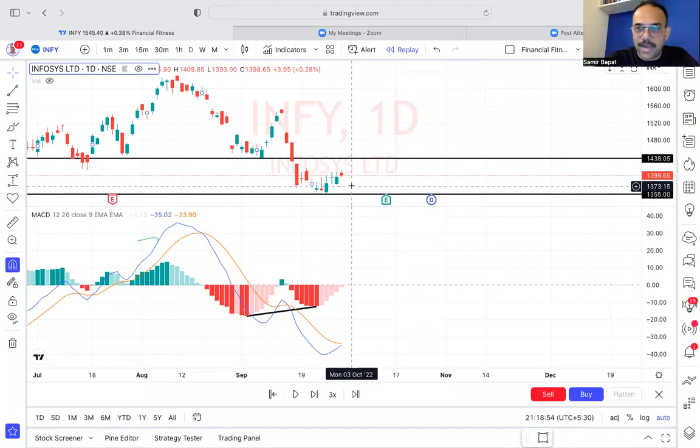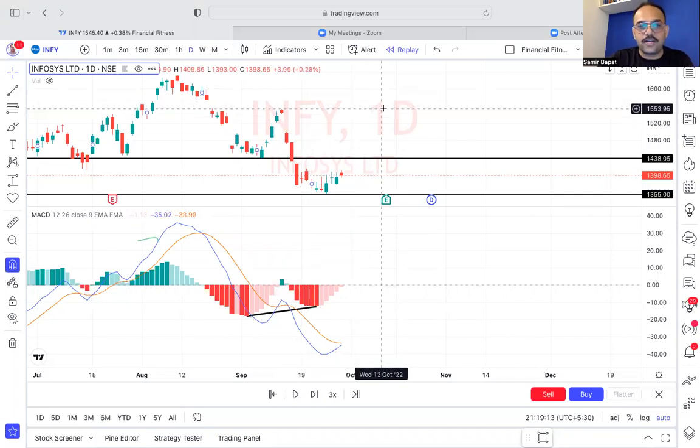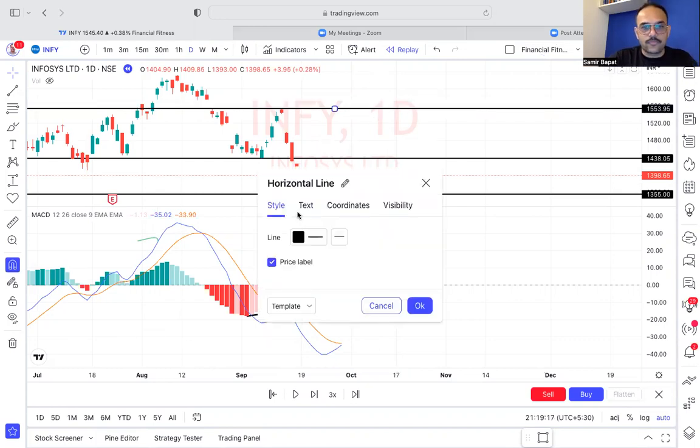So if I buy a share, I will lose 83 rupees. So into 2, if I do, it will be 166. 166 plus 1438 is equal to 1604. So I'll draw one line at 1604. Okay.